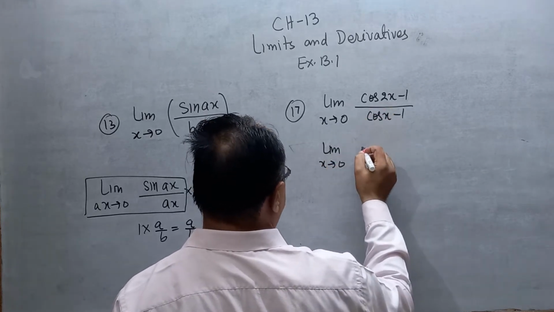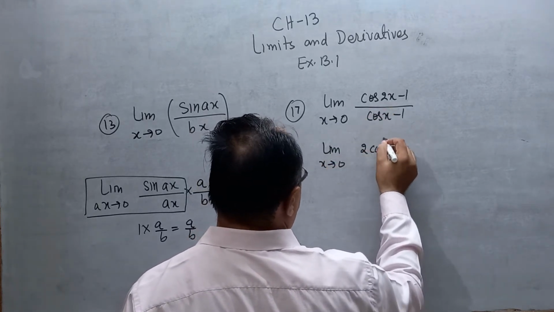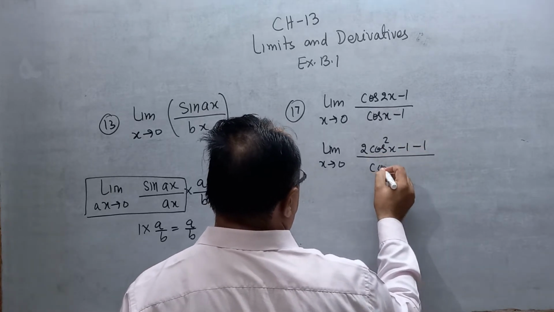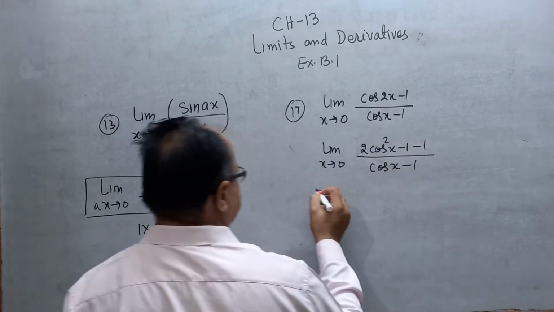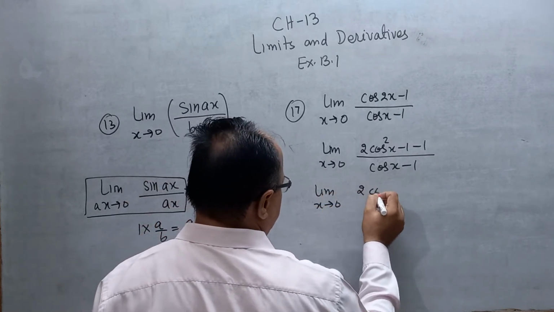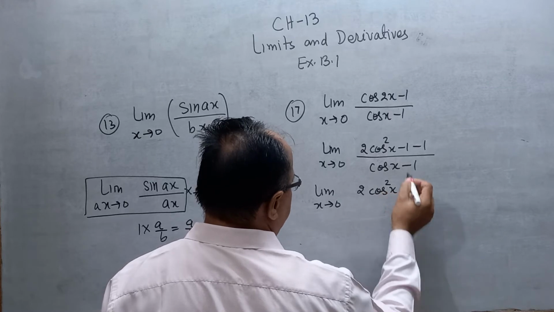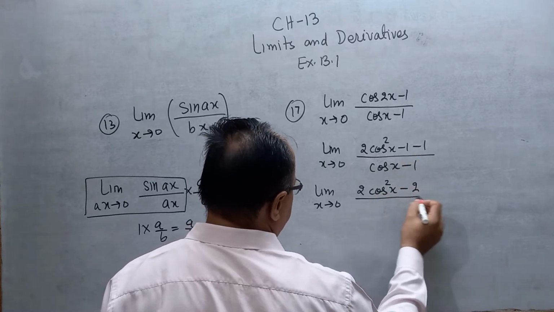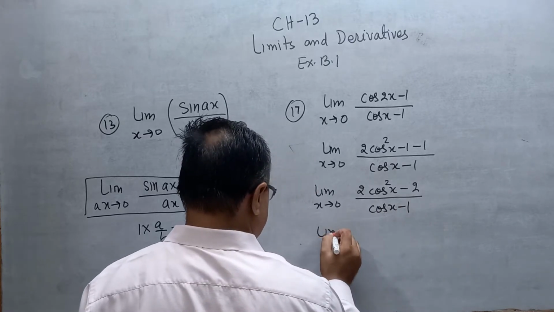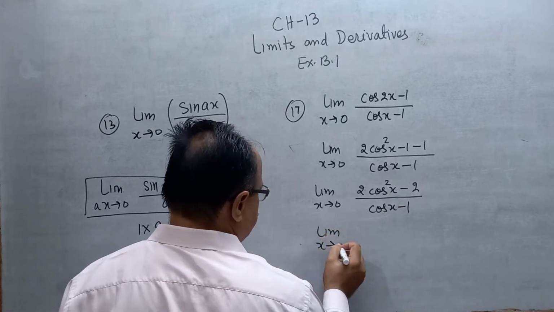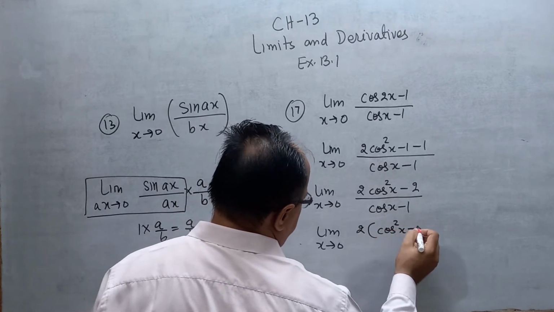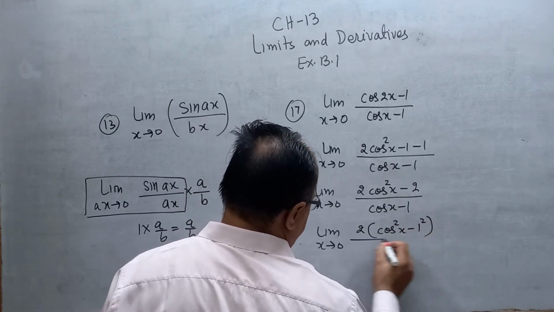In place of cos 2x you can write the formula 2 cos squared x minus 1. Limit x approaches 0, (2 cos squared x minus 1 minus 1) upon (cos x minus 1). Take common 2, cos squared x minus 1 you can write as cos squared x minus 1 squared.